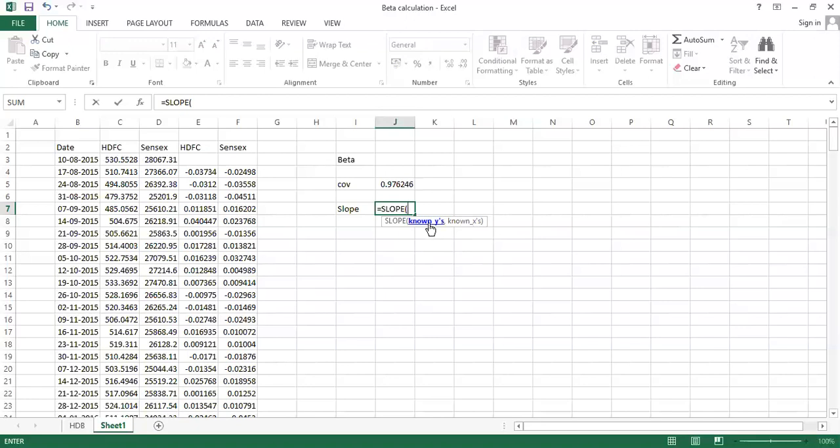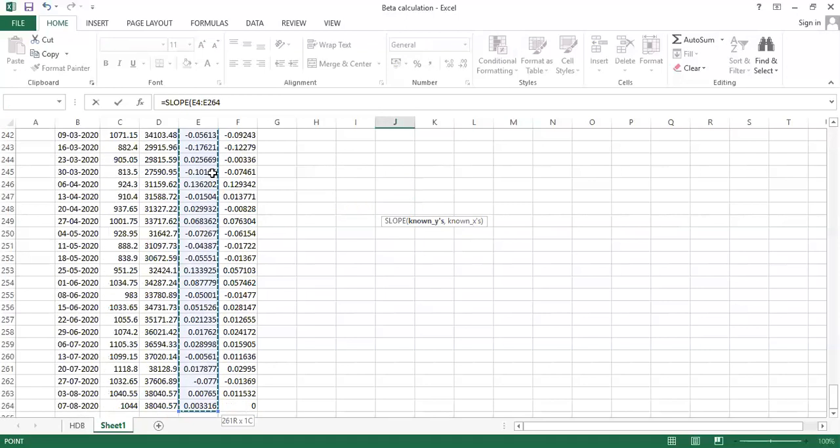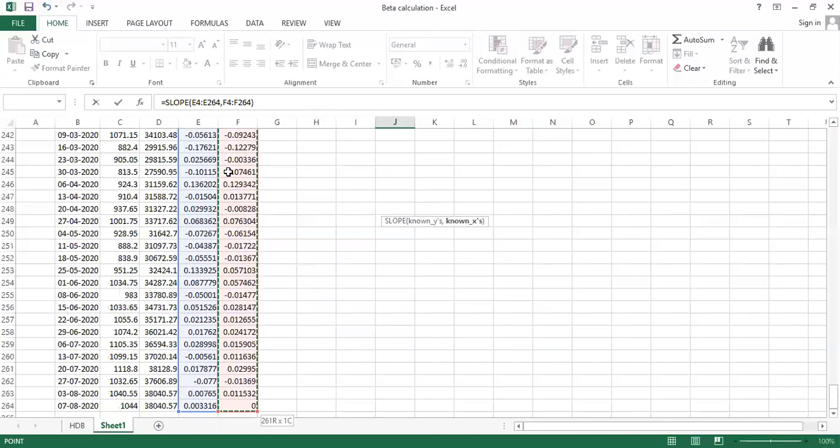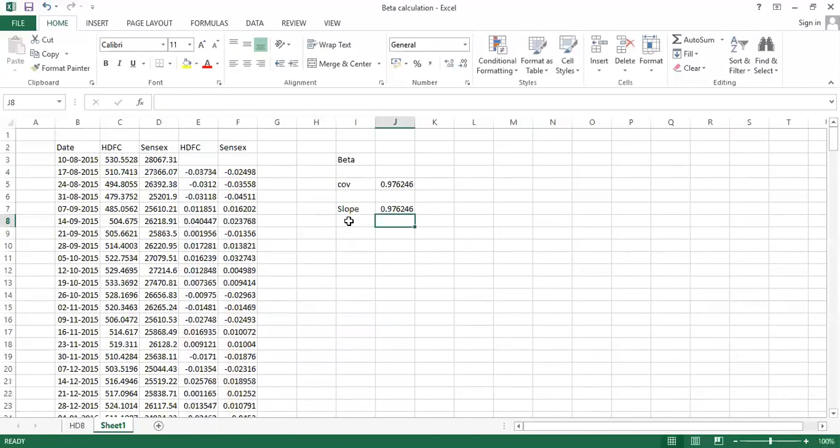So known y's will be the return on HDFC Bank, and known x's will be the return on Sensex. And if we press enter, we can see the same value we're getting through the slope function also.